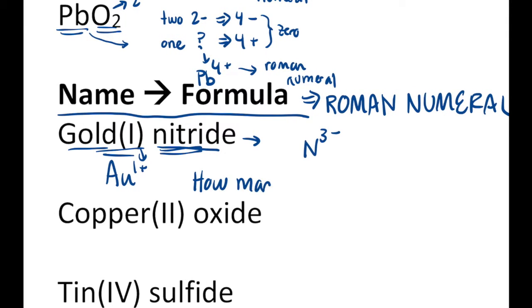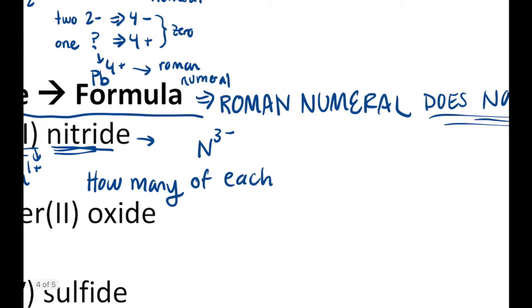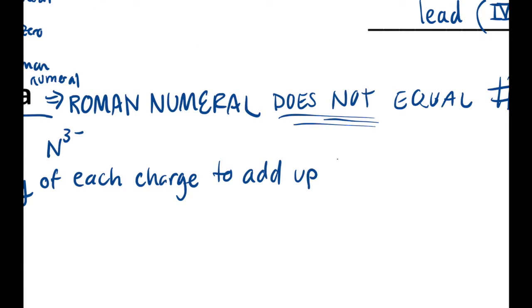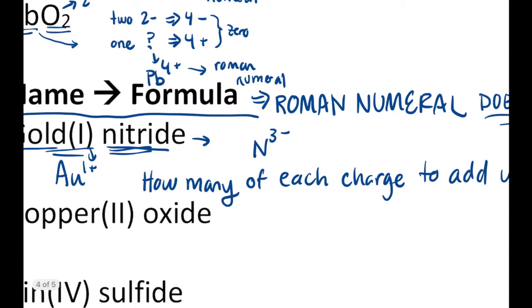So you have to think to yourself, okay, how many of each ion do you need to cancel each other out? You have 1+ and you have 3-. So I'm already thinking to myself, okay, I'm probably going to need 3 of those 1+s to cancel out a 3-. And that is indeed the case. You need 3 of those 1+s to cancel out a 3-.